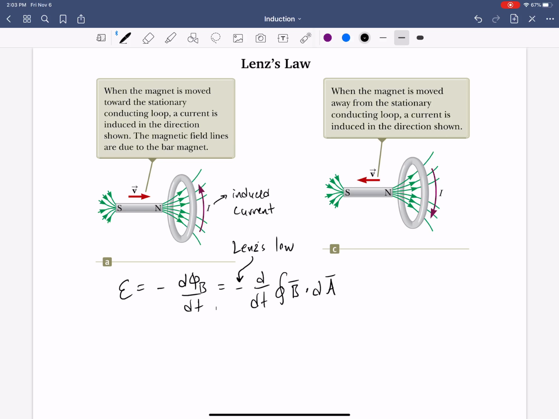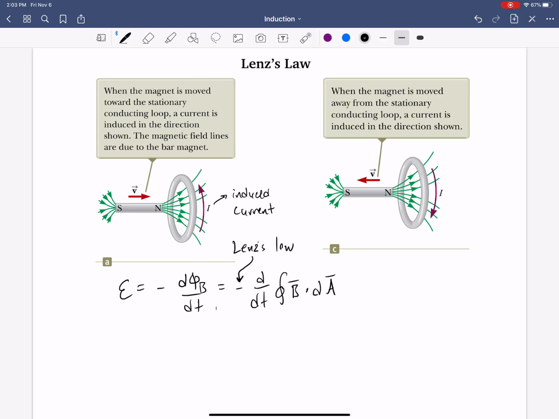And there's a reason for that. The electromotive force, or EMF, that arises because of this change in flux, the induced current wants to reduce that back to where it was. Okay? So in the case on the left, since the flux is increasing, the induced current arises and tries to decrease that flux back to where it was. Right?